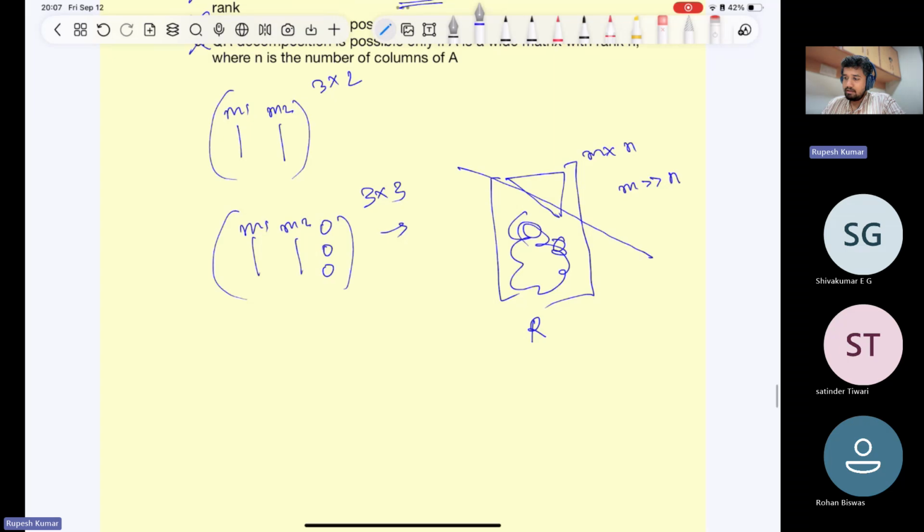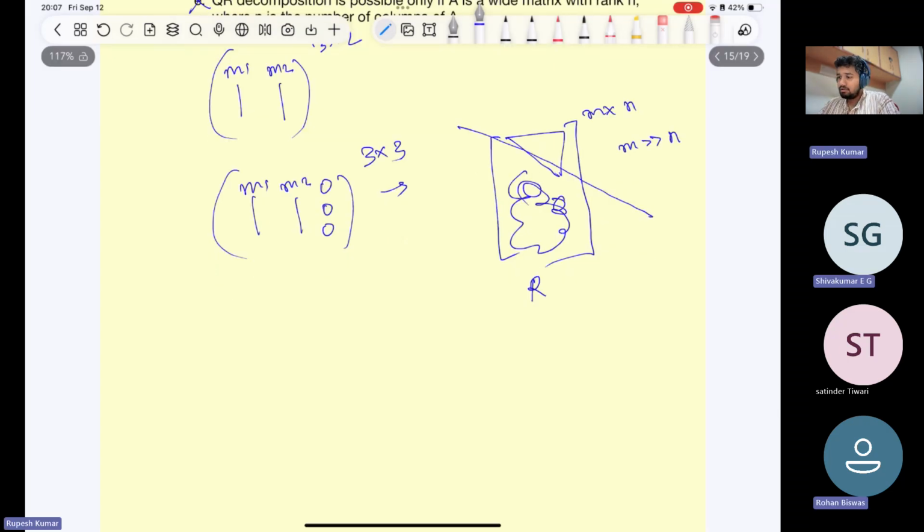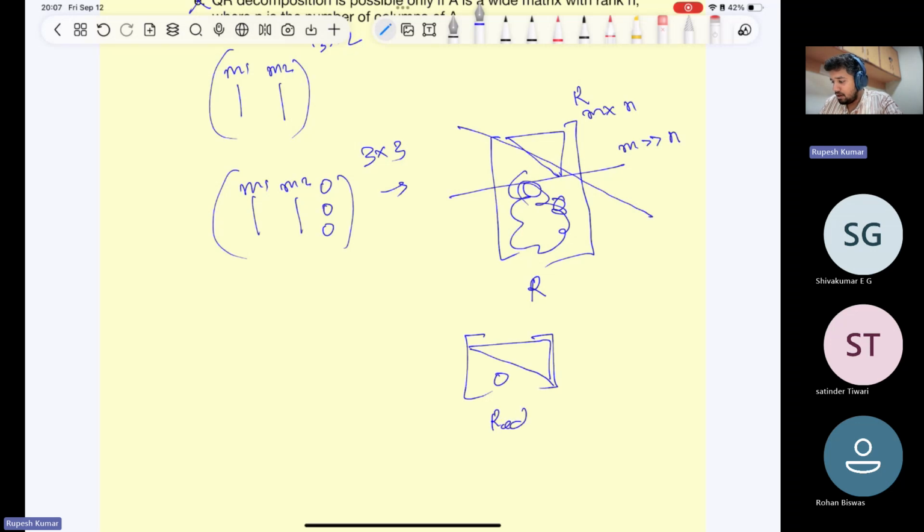Either you write this entire matrix, or you take the upper part, this small part, and put it like this. Then this is a reduced R. If you write it in this reduced Q and reduced R form, then you get the reduced QR decomposition. That's it.